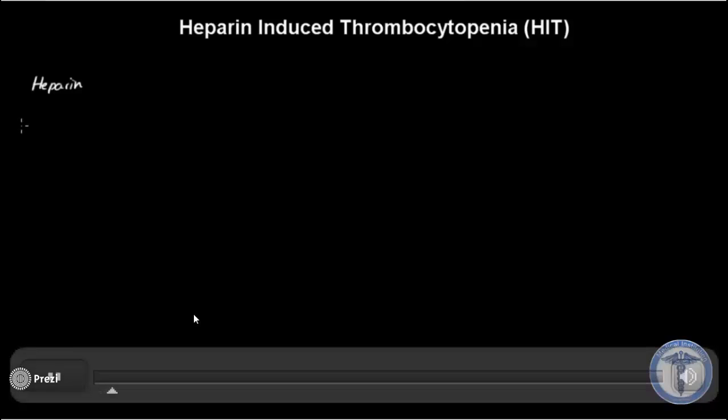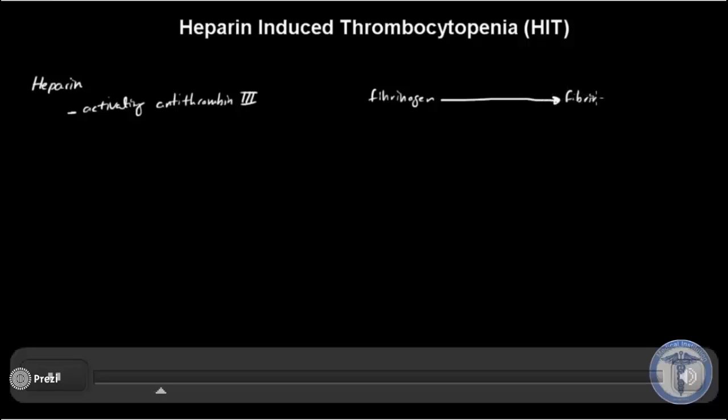So as we know, heparin is used as an anticoagulant agent which inhibits thrombin, and it does this by activating antithrombin 3. So let's say we have fibrinogen, which gets converted to fibrin.